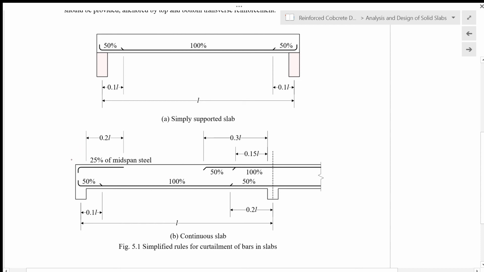Although we assume that there is a zero moment here, because of the way that we cast the beams and slab together, we still have some nominal negative moment over here. So to cater for that nominal negative moment, we use 25% of what we have for the positive moment.